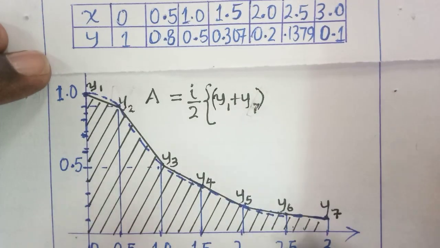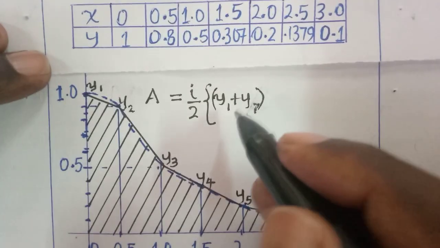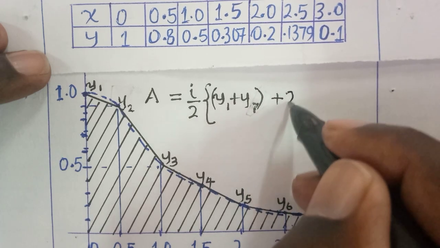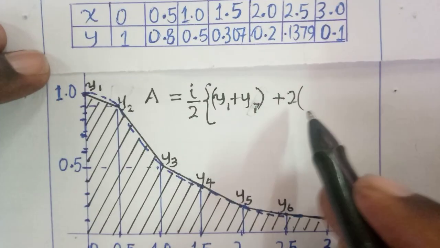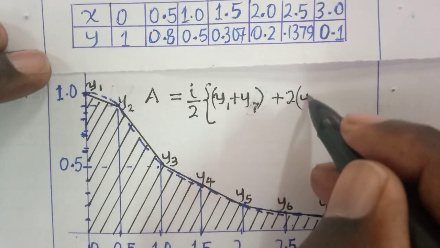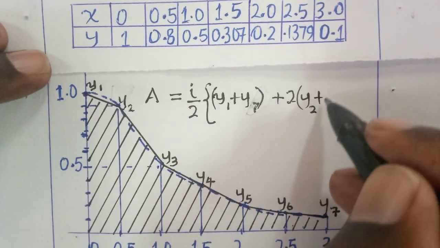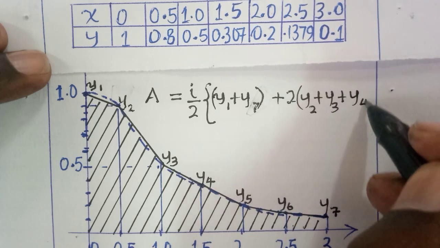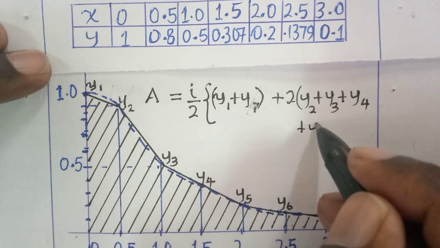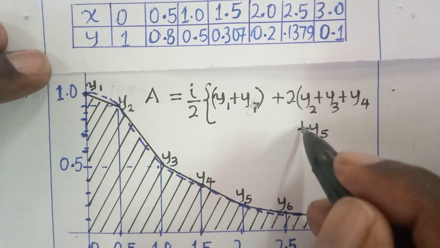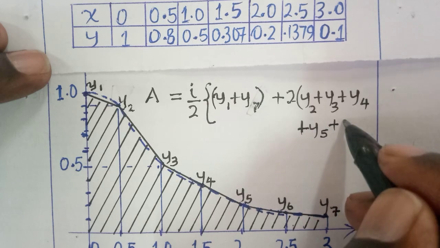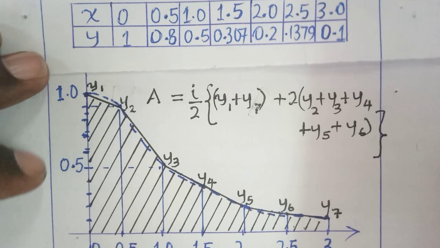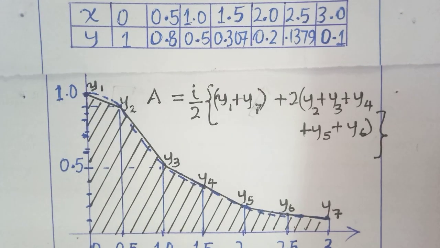Put the bracket there. Then plus 2, and then you add the rest: y2 plus y3 plus y4 plus y5 plus y6, like that. When we add those, we are able to get our solution.